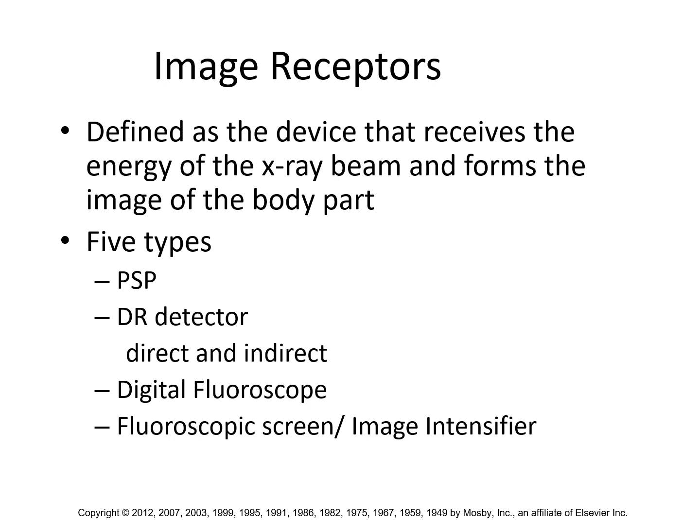Okay. So there's two technologies at play in your DR detectors, the direct method and the indirect method. It's just mechanisms of how the X-ray is captured and turned into an electric signal. Okay, we'll do a deeper dive on that in the senior year.